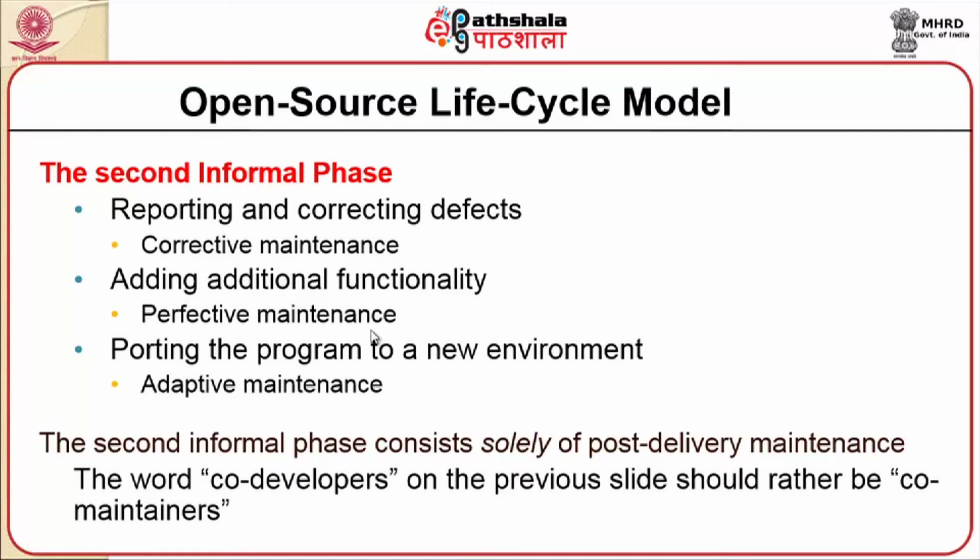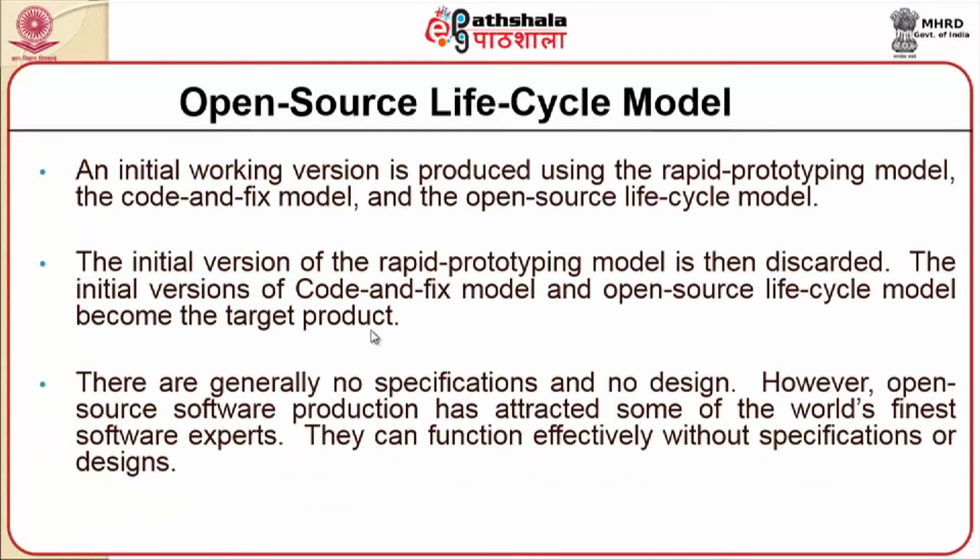Anybody who has developed on this project is also involved, but after it has been given for delivery, the people working on top of it, called co-developers on the previous slide, should rather be co-maintainers, because they also develop and maintain what has been delivered already.